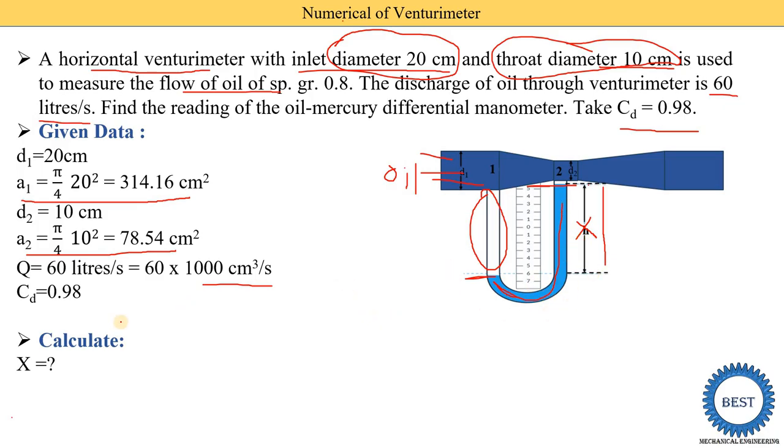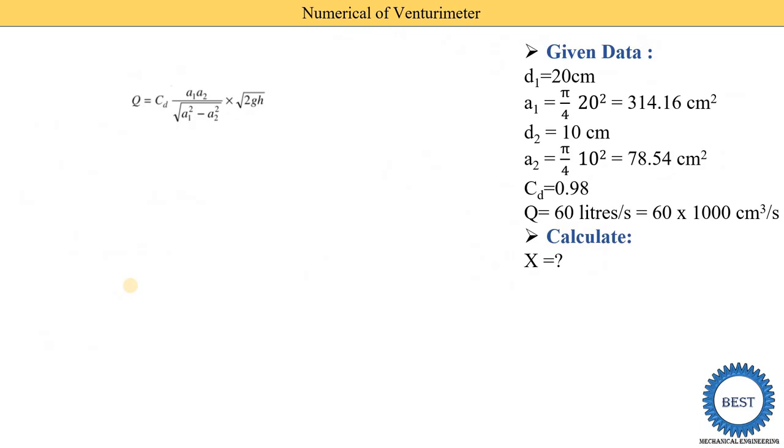So first we need to find the H by using the equation of the Q, because here the Q is given. We calculate the A1, A2 and the CD. So we are able to find the H, and from this H we are able to find the X. So first we note down this equation of the Q, and we already know how this equation is derived.